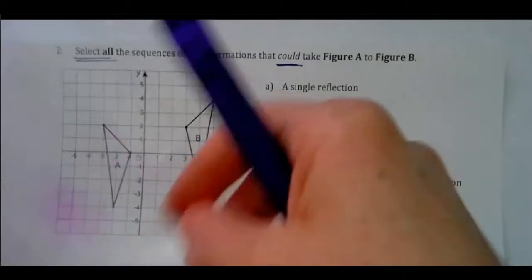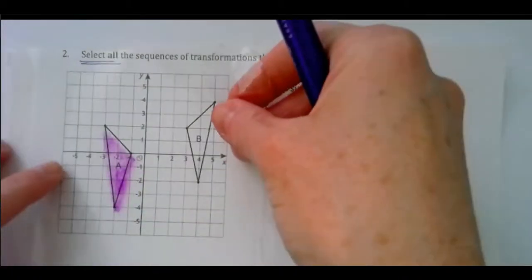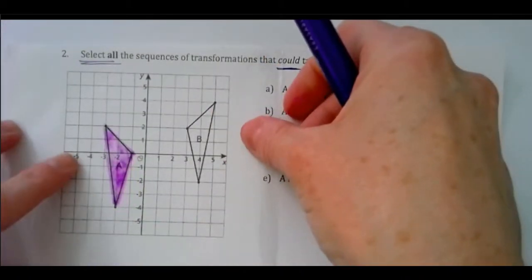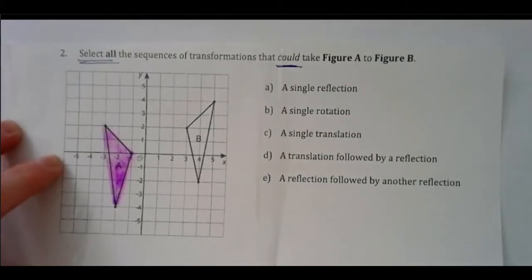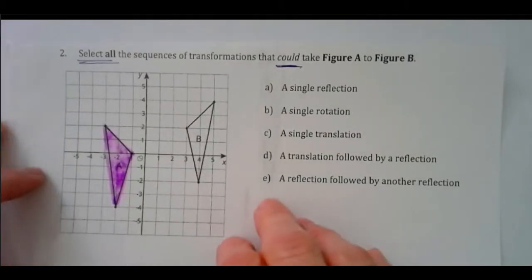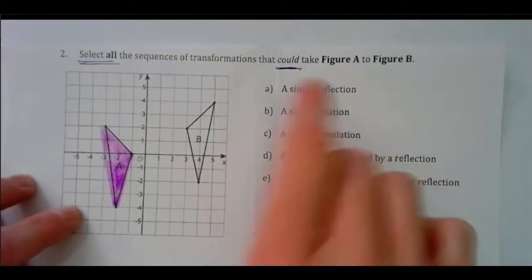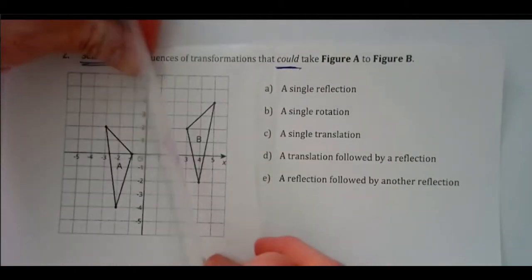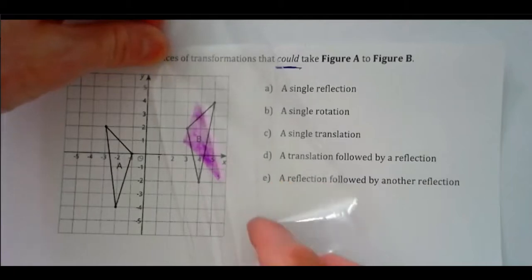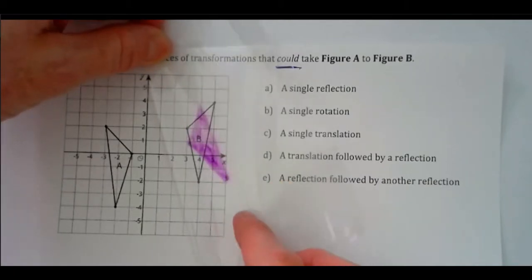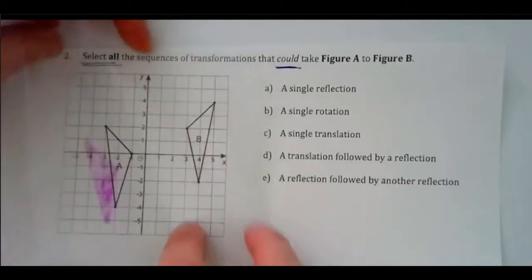So let me get my little piece here. Hopefully, so that you can see this clearly, I'm using plastic instead of tracing paper, so hoping that this works well here. But a single reflection would mean that I can only have one reflective movement to match this up. That does not match.